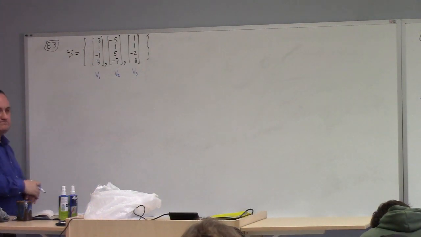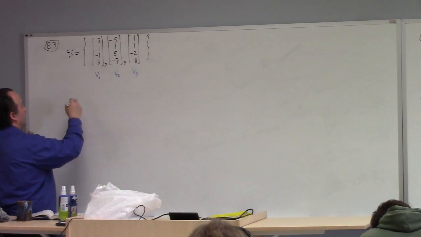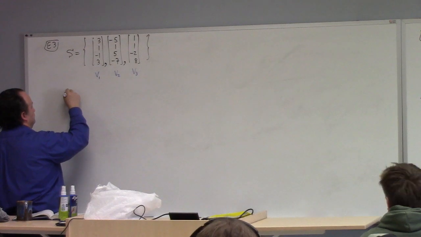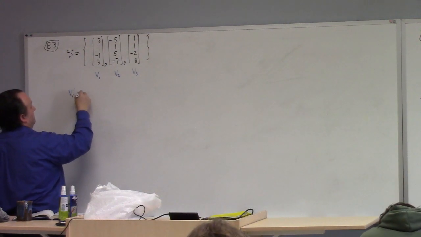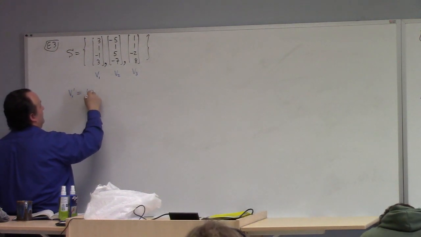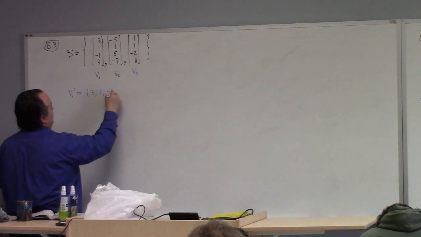All right. So let's run the Gram-Schmidt algorithm on this and see what it is. First of all, V1 prime, that's easy, yeah? And I'm going to write it like this just to save board space.